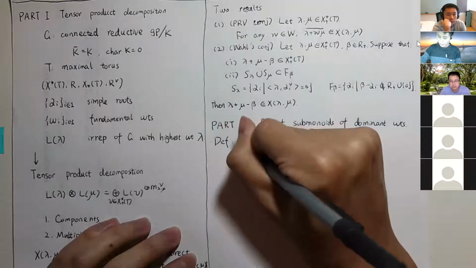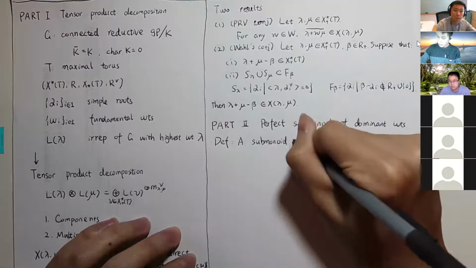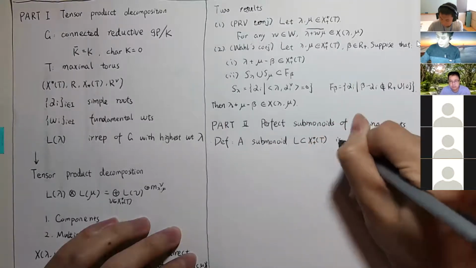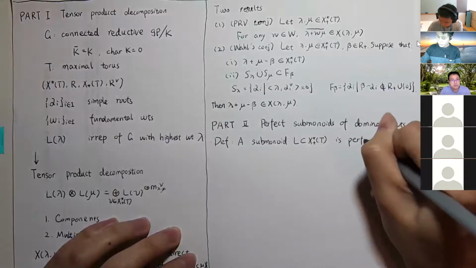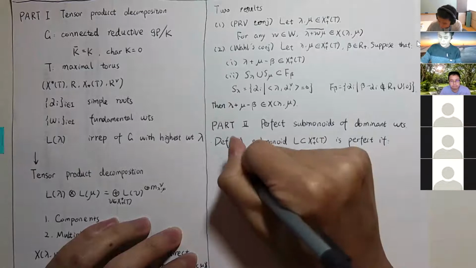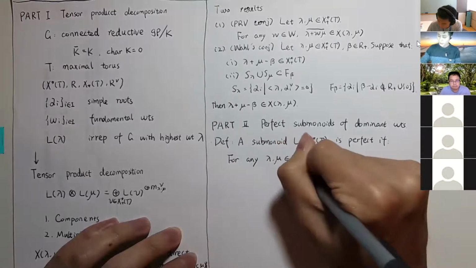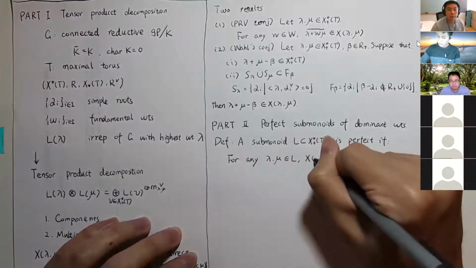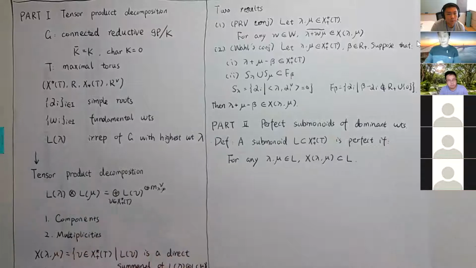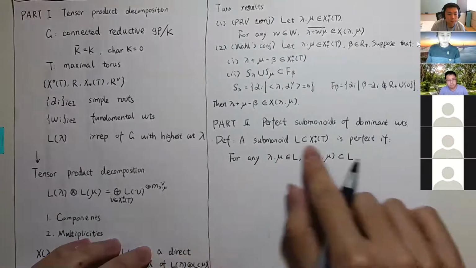A submonoid L of dominant weights is perfect if we have the following condition: for any two dominant weights lambda and mu in L, the set X lambda mu is contained in L. If we have this, then it is called perfect.